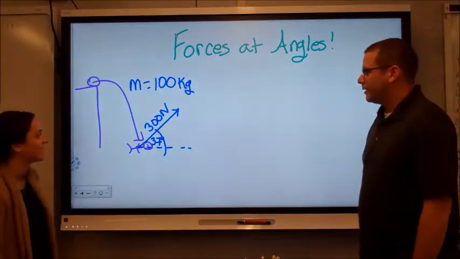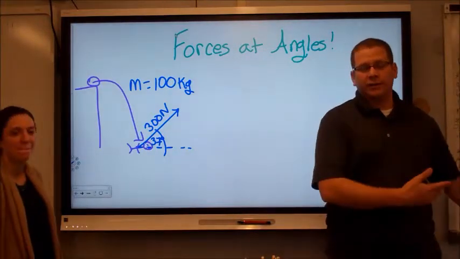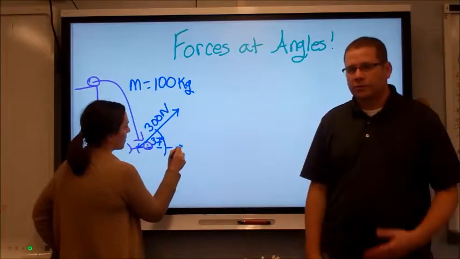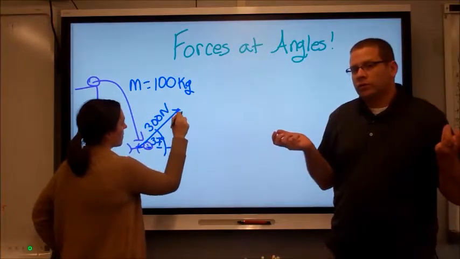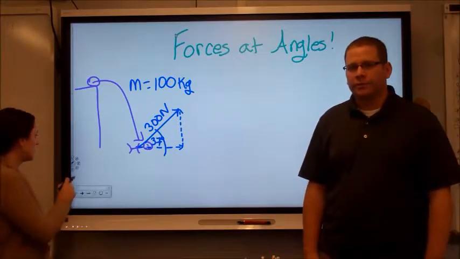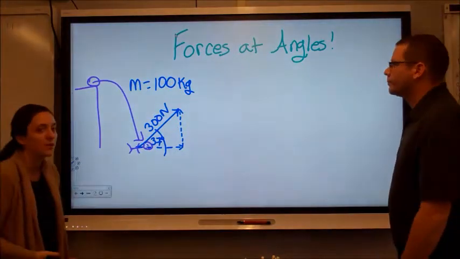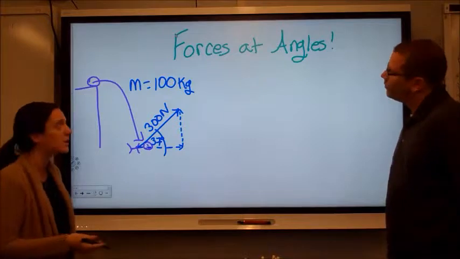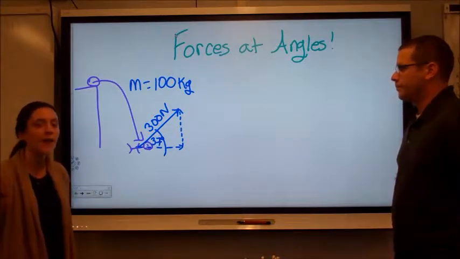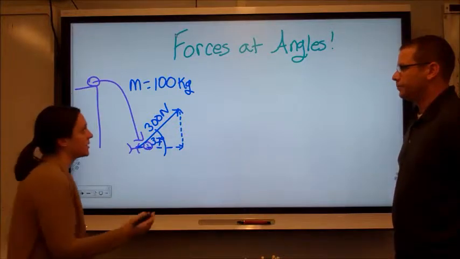Now, that means you're pulling horizontally with some amount of force and vertically with some amount of force. So the first question is, what's the x component of that force, and what's the y component of that force? Luckily, we've already talked about finding the x component and y component of something, and we have those equations on the back of our reference table.